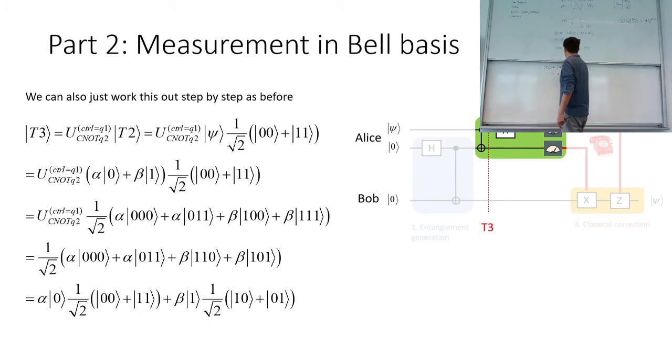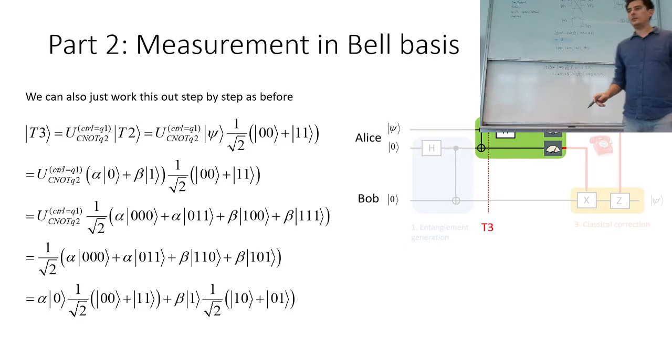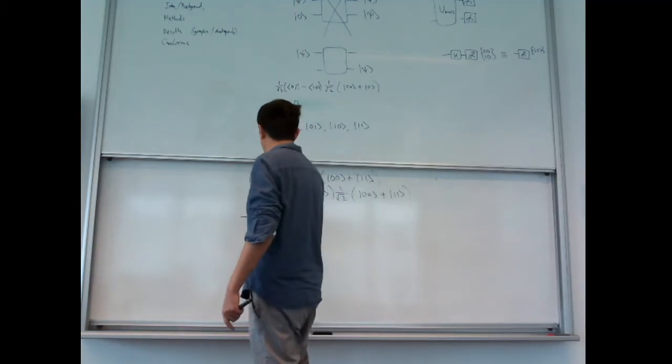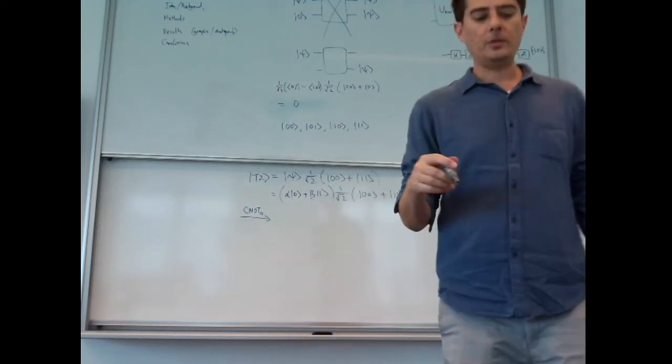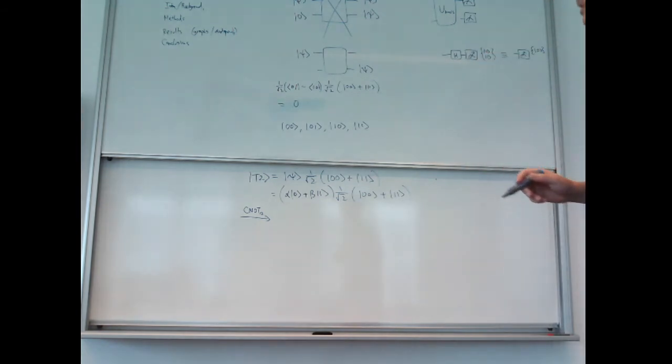So let me walk you through it. That's our state after the blue block, and what we're going to do now is apply a control knot between 1 and 2, where the first qubit is the control.